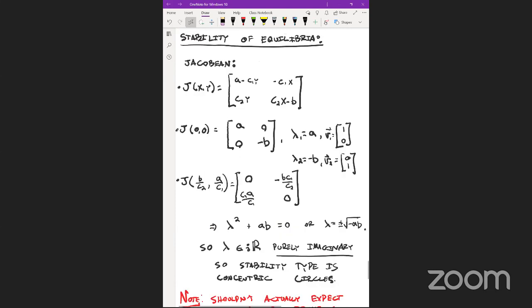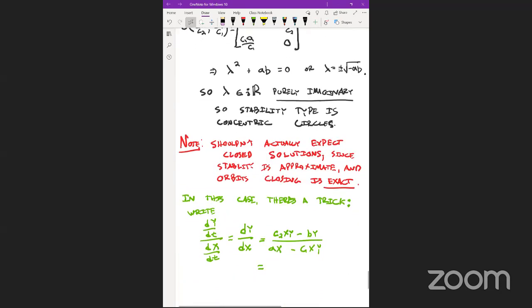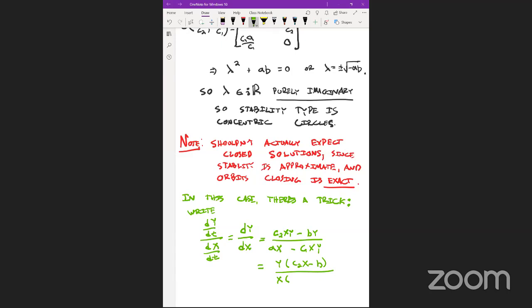There's a nice trick here in that we can rewrite this as basically y times (c2x minus b) over x times (a minus c1y).